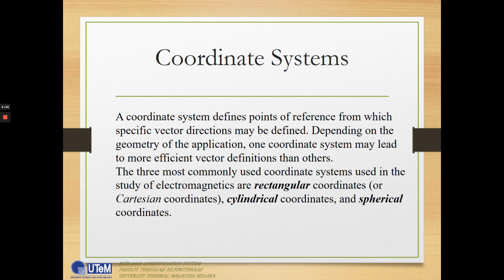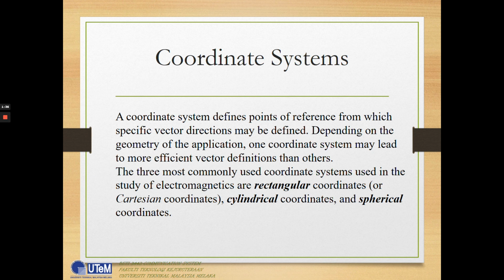Basically we have 3 different coordinate systems in day by day use. Whenever we find some very algebraic way of representing any points or any values, we usually use rectangular coordinates.